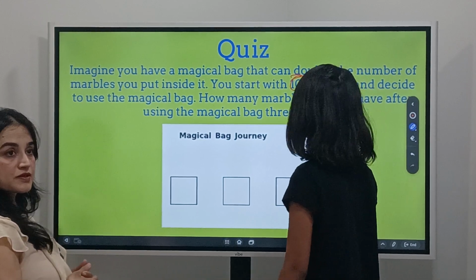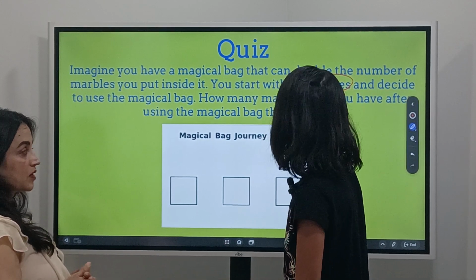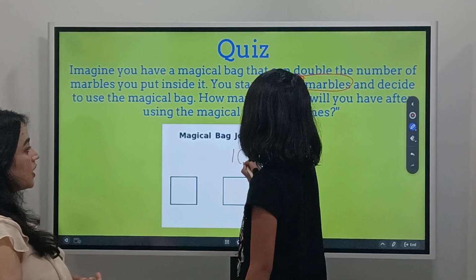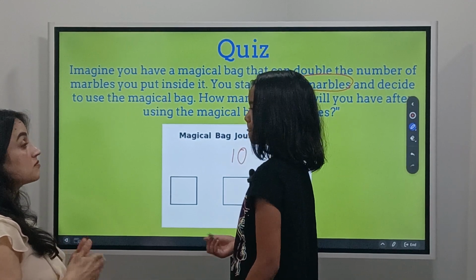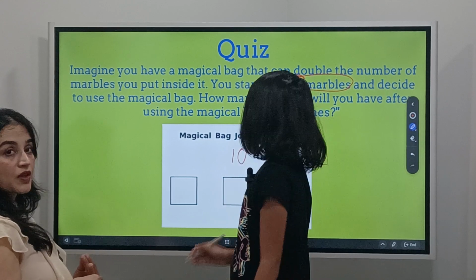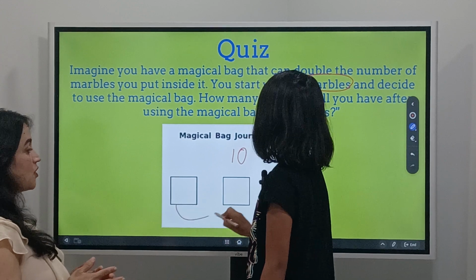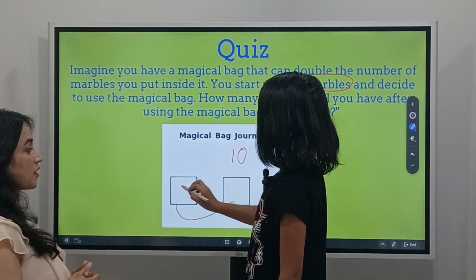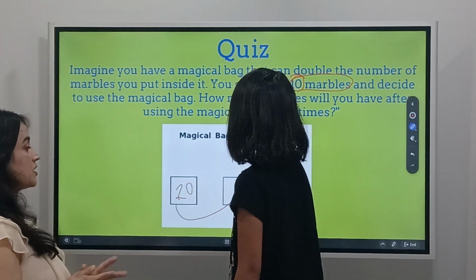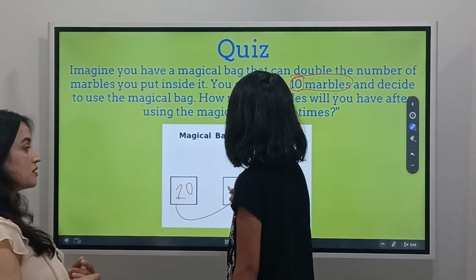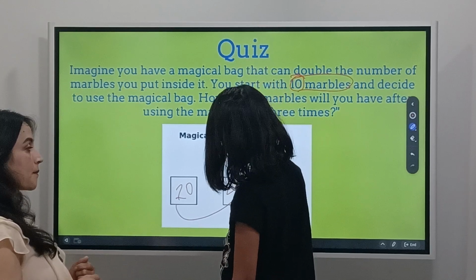Okay, 10 marbles. This magical bag doubles. Yeah, it does the double. If you double the 10, how much will it be? It will be 20. And if you double 20, what will the number be? 40.